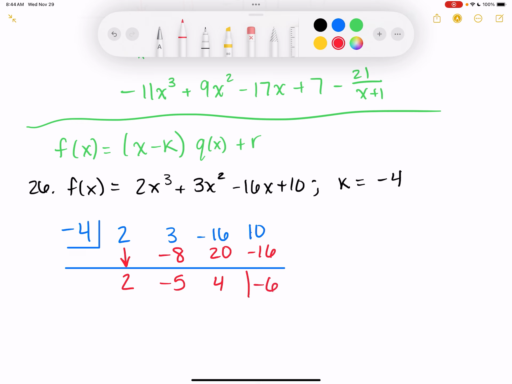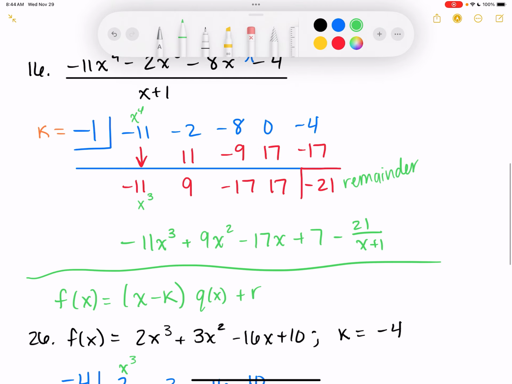So I still have a remainder of negative 6. Now, what we did before is we would have just written this was a cubed term, so this is now a squared term, which is still going to be part of our answer, but there's another part to it now as well. So, like I said before, when we have it written like this up here, this is x minus k, quote unquote.